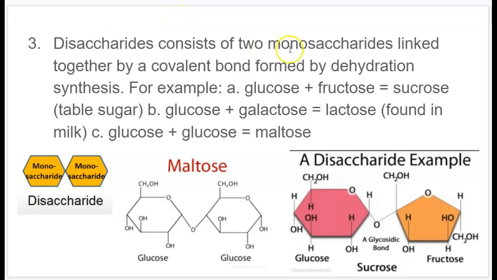So disaccharides are two monosaccharides linked together by a covalent bond, again going through that process of dehydration synthesis. Depending on the types of monosaccharides involved, that determines what type of disaccharide is produced. For example, a glucose plus a glucose creates a maltose, a different type of sugar. Another example, glucose and fructose make sucrose. So again, different chemical combinations of things.